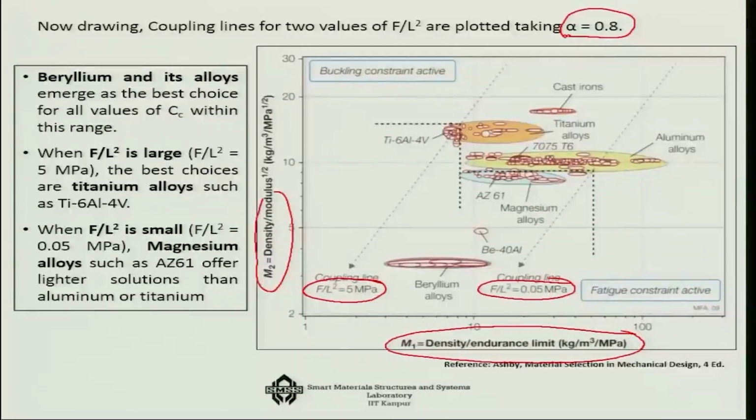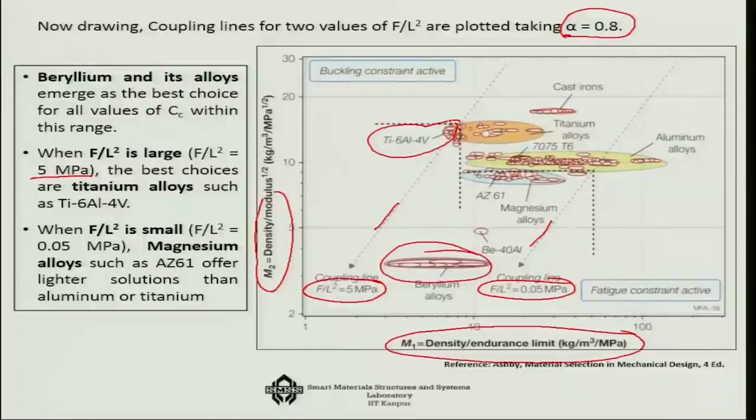Now, in this coupling line, towards the lower border you can see that beryllium and its alloys come out as the best choice for all values of Cc within this high pressure to low pressure range, because you are satisfying M1 and M2 both. But when F by L square is large, something like 5 MPa, the best choice is somewhere close to this line, that is the titanium alloy, Ti6Al4V, V is vanadium.